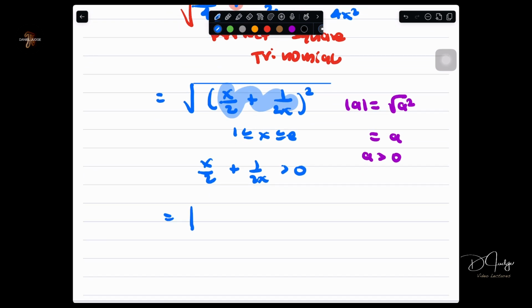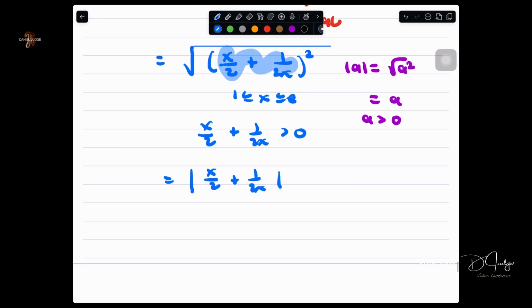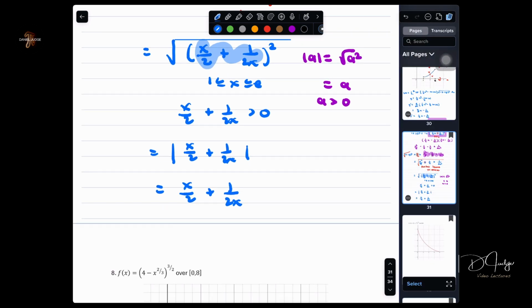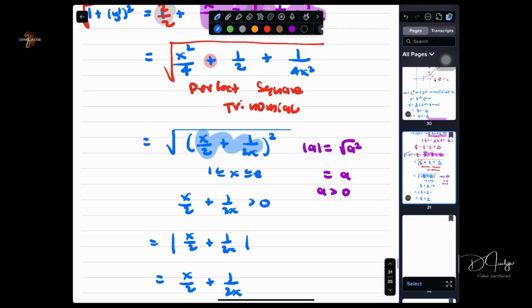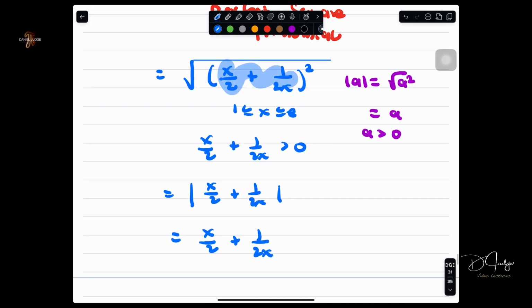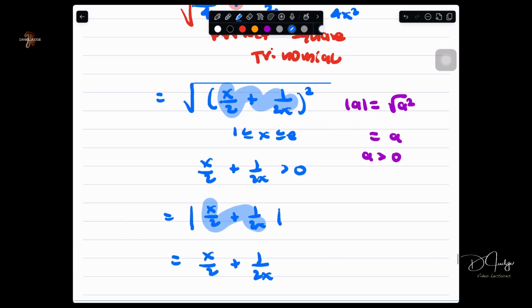So we can say that's the absolute value of x over 2 plus 1 over 2x, which, because it's positive, is just x over 2 plus 1 over 2x. So we're using a couple of things from pre-algebra there: the definition of absolute value, and because it's positive, we can remove the absolute value sign.